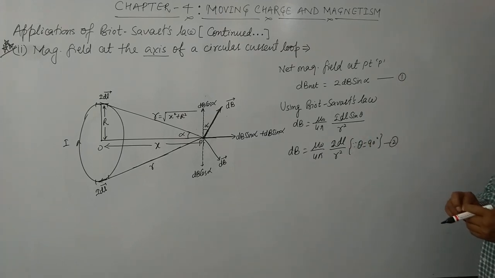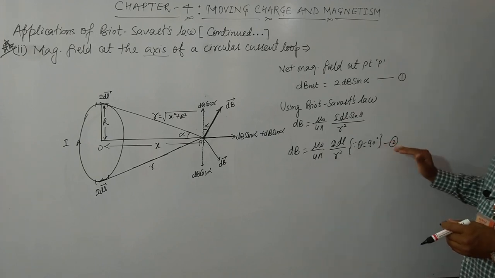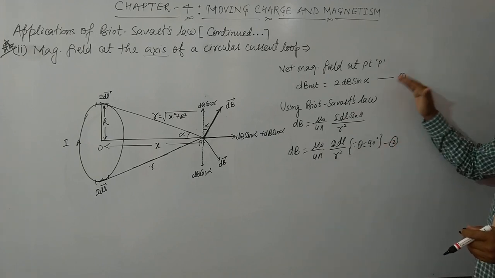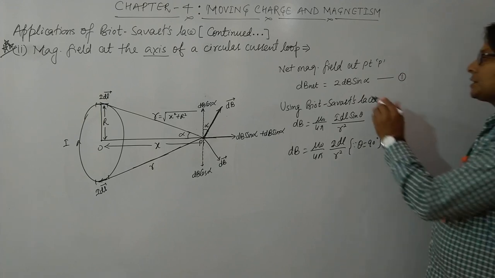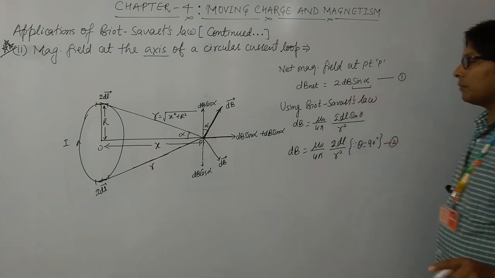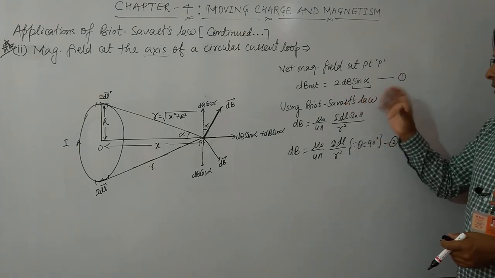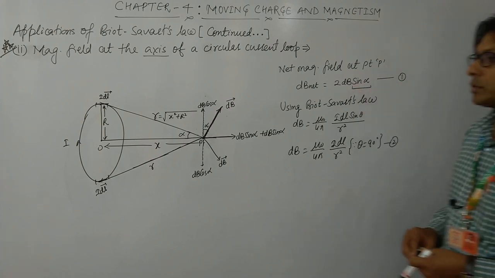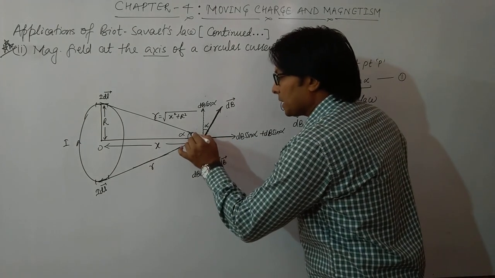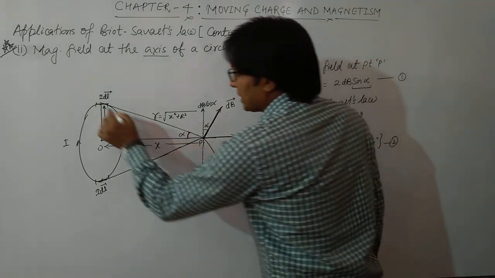Okay, now we will put the value of dB from equation second into equation first, but before that we will also put the value of sine alpha. Can you calculate the value of sine alpha from this diagram?